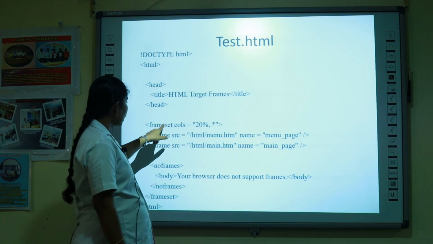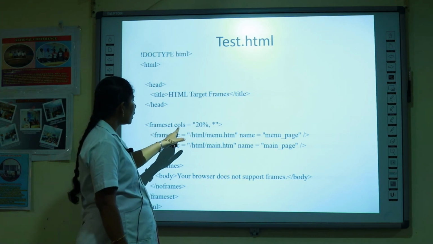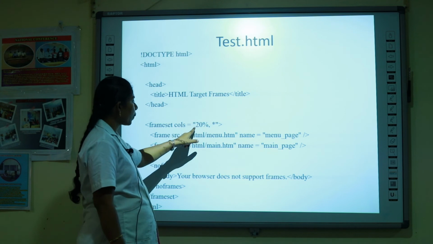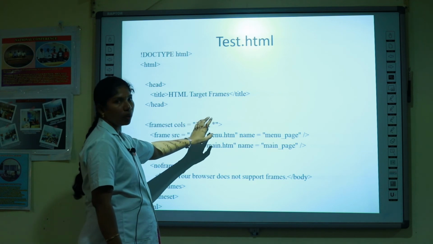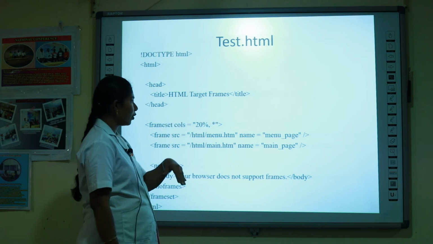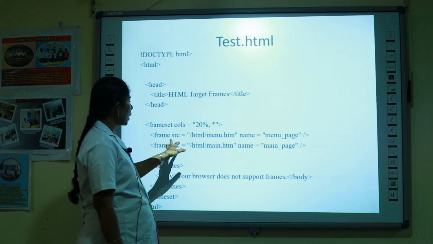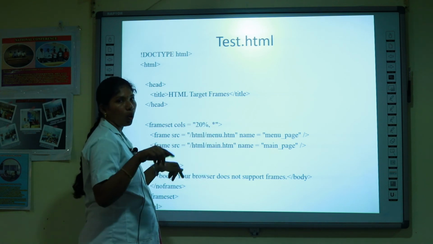These are all the tags we have already discussed, right. So I have split this window into columns, that is 20 and the wildcard symbol will take the remainder of the window, that is 80. So menu will be 20% and main will be 80% of the whole window size.